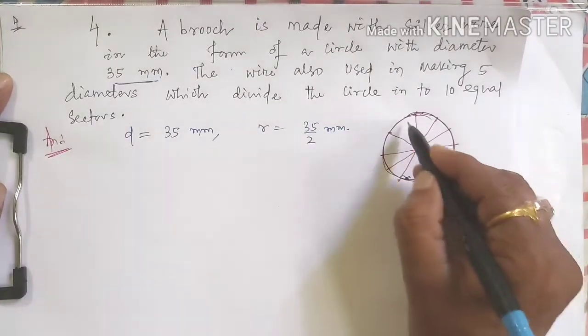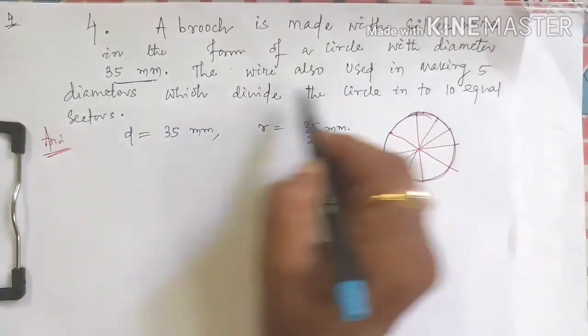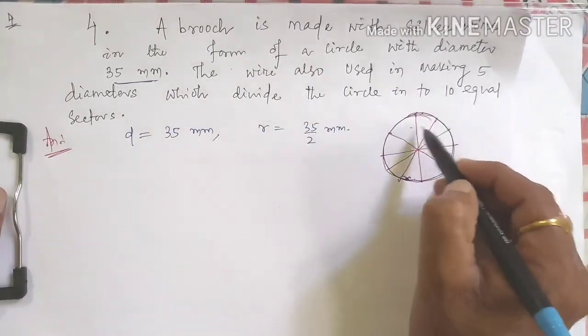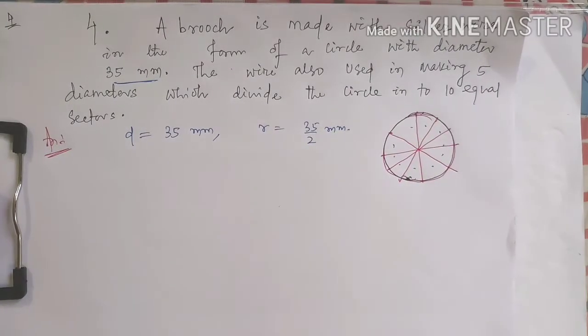Now here we have to calculate the total wire used in making 5 diameters and around the circle, which has the 10 divisions.